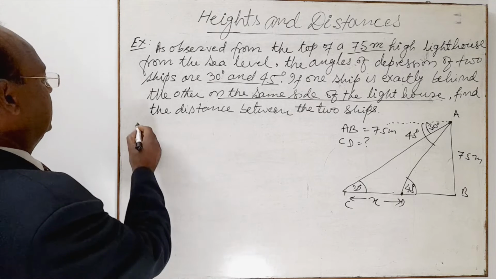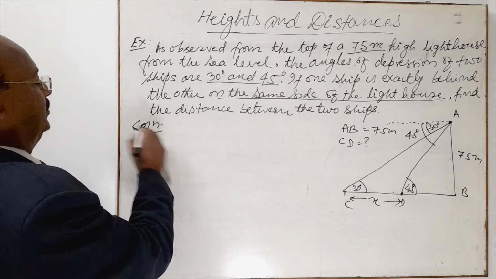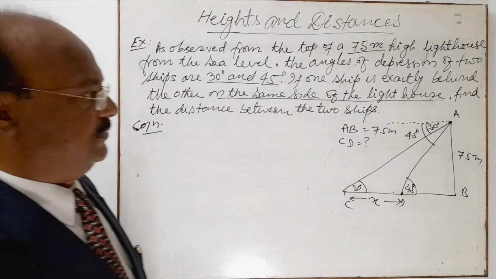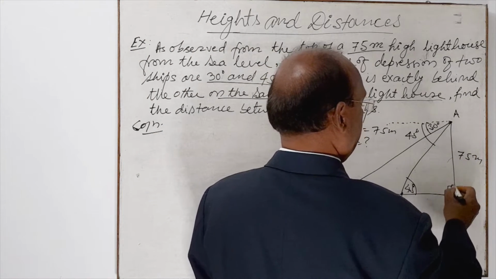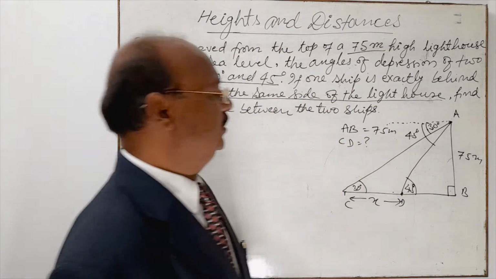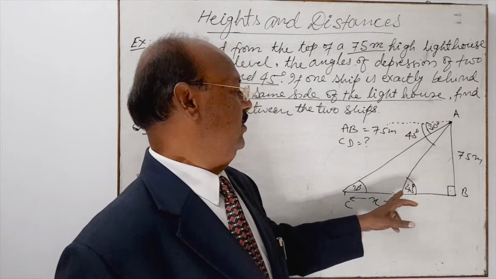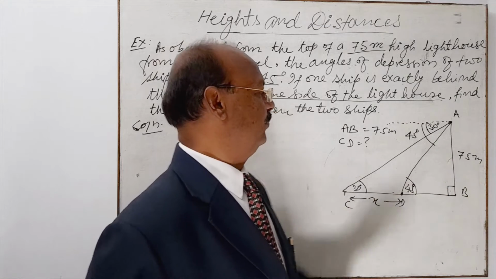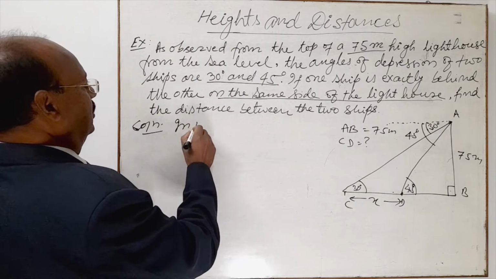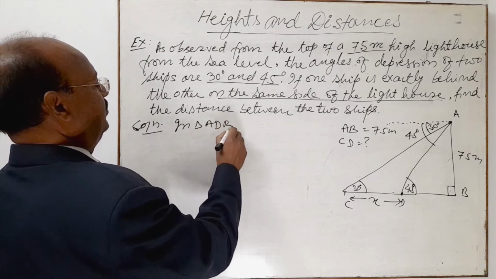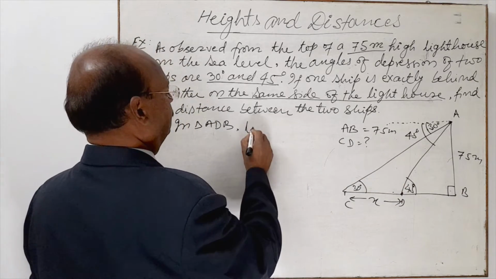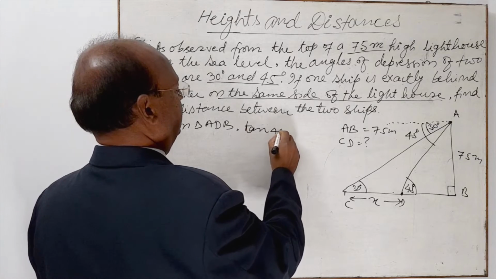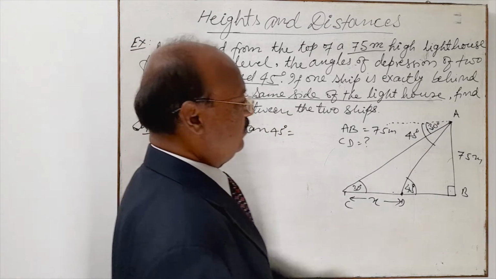So now let us see the solution. We can solve this question very easily. First of all, we'll take right angle triangle ABD. B is 90 degree here. So in this triangle ADB, let us take tan of 45 degree. So tan of 45 degree is perpendicular by base.